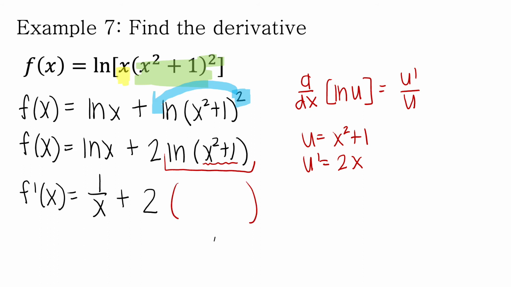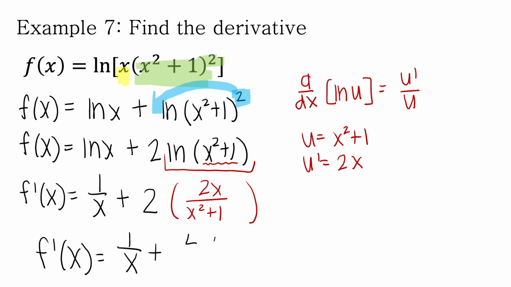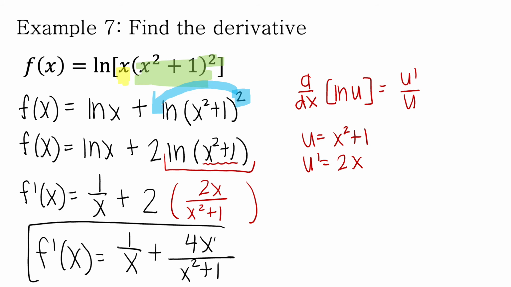So the derivative of the natural log of x squared plus 1 would be u prime, which is 2x over u, which is x squared plus 1. And in our final step, we can write our derivative f prime of x. Just multiplying that 2, we get 1 over x plus 4x over x squared plus 1.